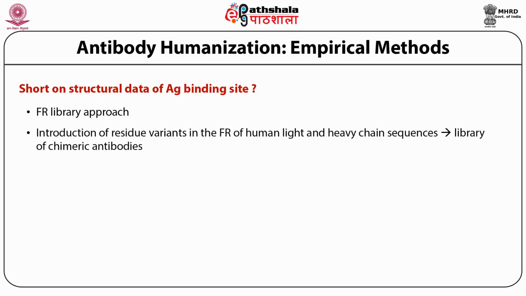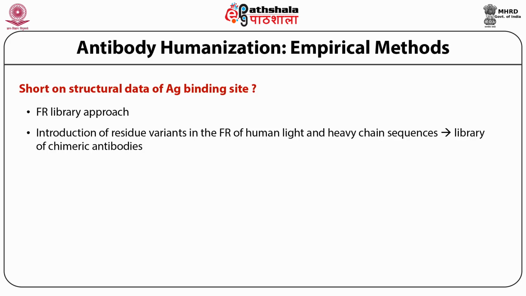In this, residue variants in the FR of human light and heavy chain sequences are introduced. The FR region is targeted here, where a few selected residues are changed and a library of such chimeric antibodies is generated. Then this library is selected on the basis of activity against the specific antigen.